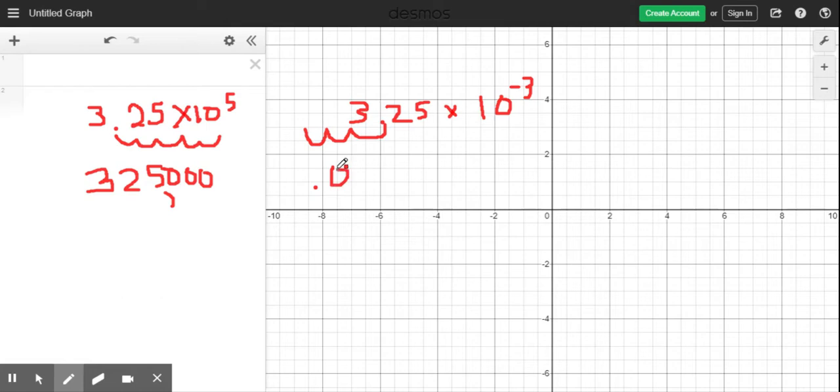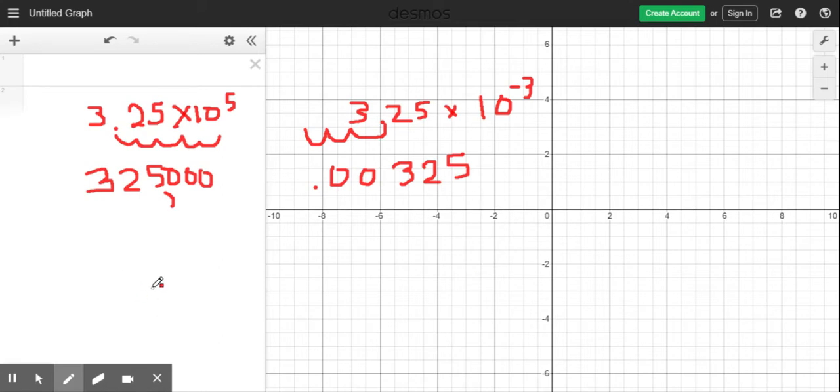So 0.00325 would be our number in regular notation. Okay, now you may have to go the other direction with this.